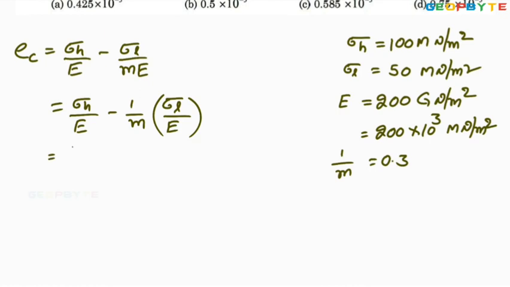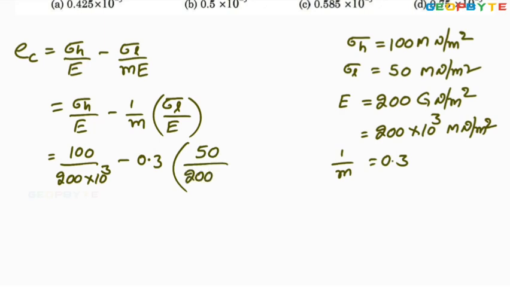Sigma h equal to 100 divided by 200 into 10 raised to 3, minus 1 by m, Poisson's ratio 0.3, into sigma L 50 divided by 200 into 10 raised to 3. You simplify this value to get around 0.425 into 10 raised to minus 3.